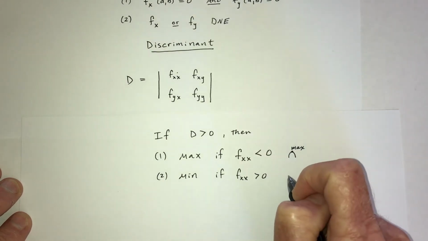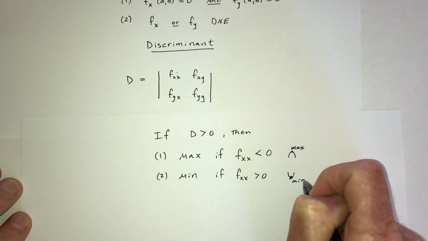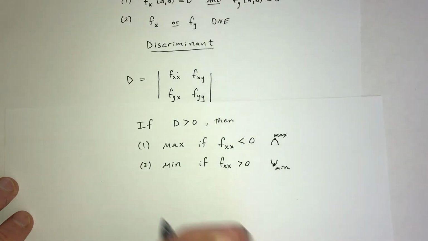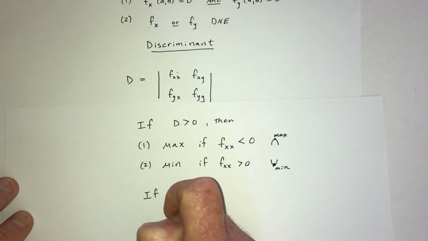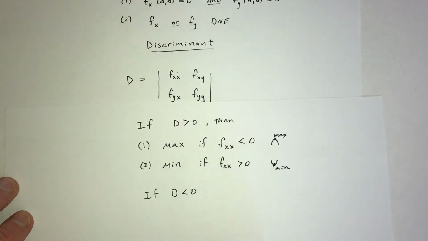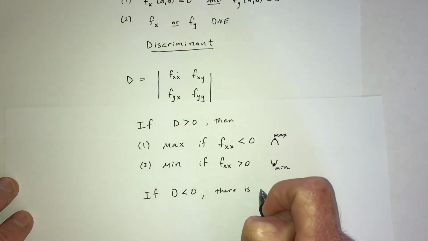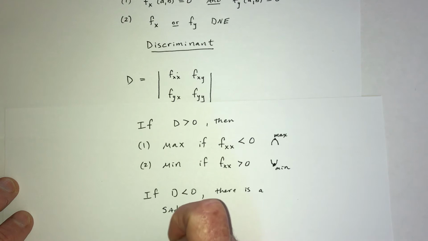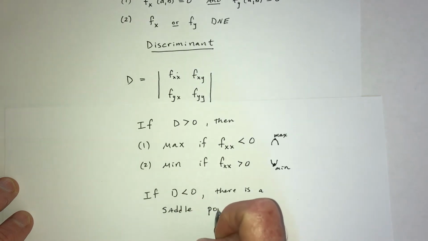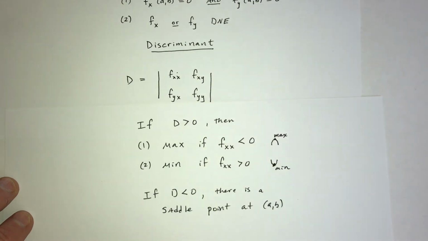Second derivative positive would mean concave up, and then concave up means that this is a minimum. And then finally, if D is negative, that means that you've got a saddle point. That is pretty much all of the theory in this section. Now we're going to move on to examples.